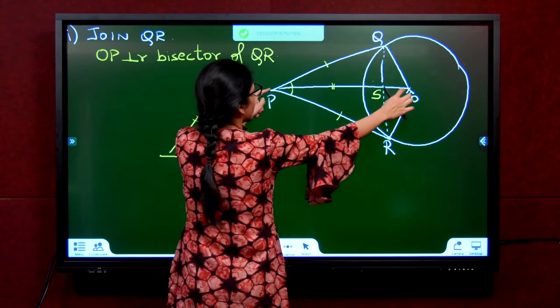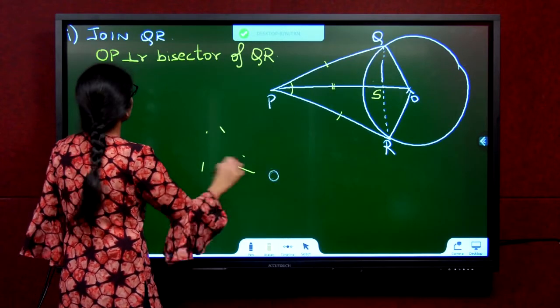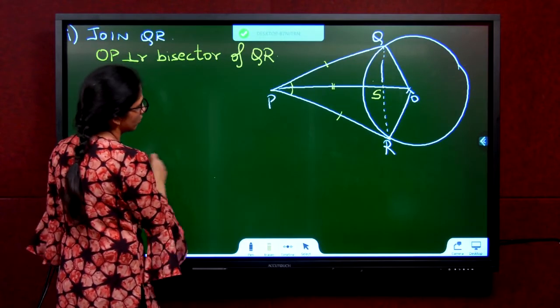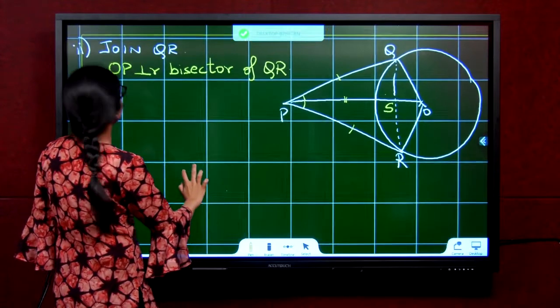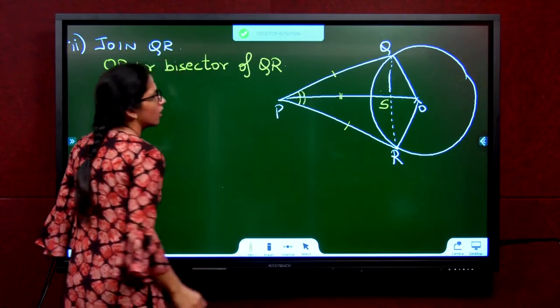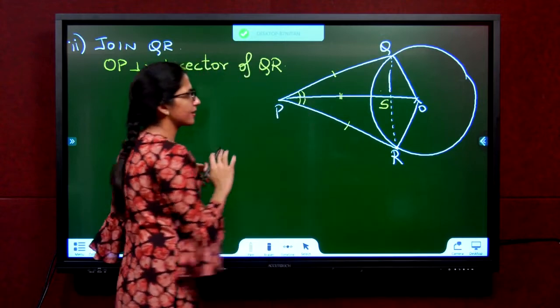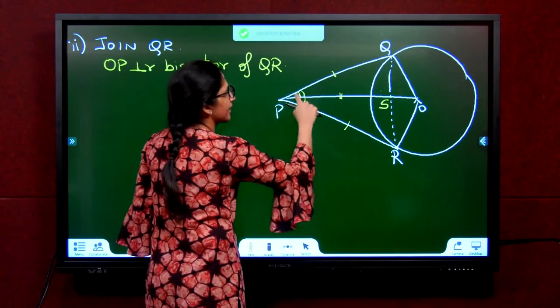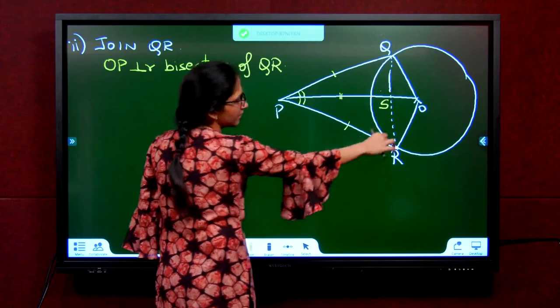So we already know that these two angles are equal. Now we have to prove QS equals SR. Answer is right here. See here. SAS congruency. So QS becomes equal to SR.